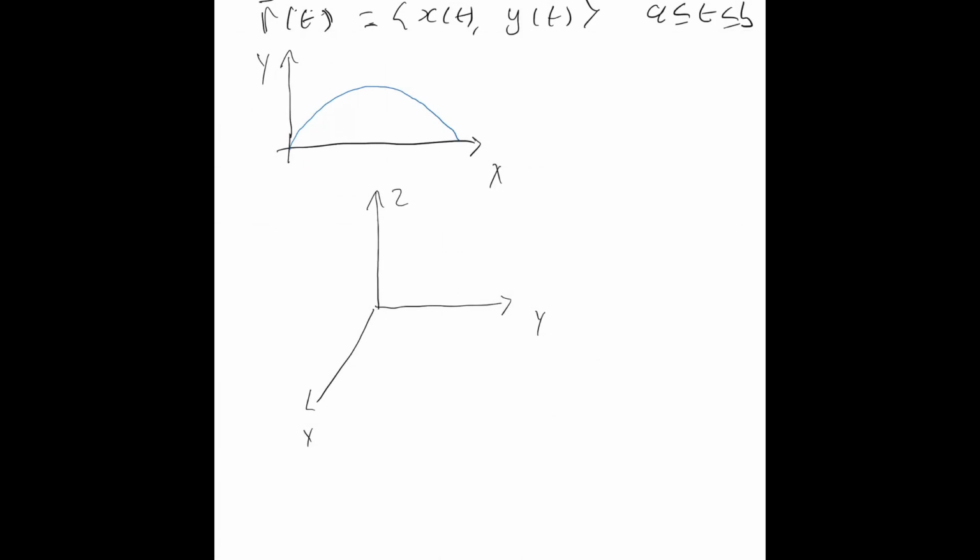Okay, and now I want to sketch this curve in the xz plane. And this curve, as I sketch it, lies in the xy plane. Okay, so it's not coming out of the xy plane. This lies in the xy plane, and we're going to revolve this curve around the x-axis.